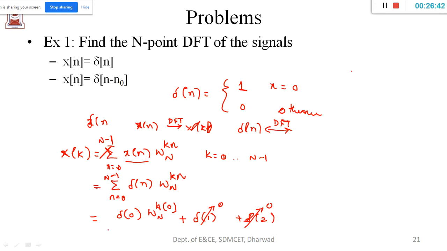I take only this term: delta of 0, which is 1, times W_N to the power of k into 0, which is W_N to the power of 0, and that is also equal to 1. So the DFT of delta of n is 1. Is that clear, guys?